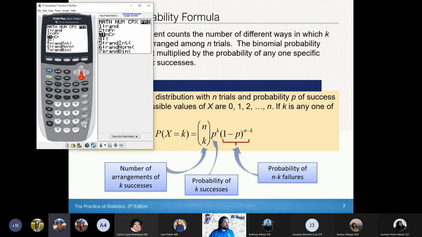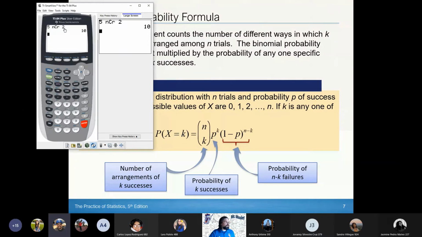The binomial coefficient function. So if we use that, you have to put your number in there first. 5 nCr 2, enter, 10 possibilities.